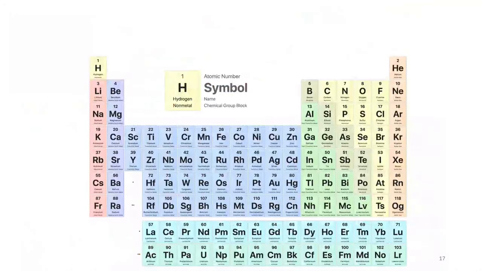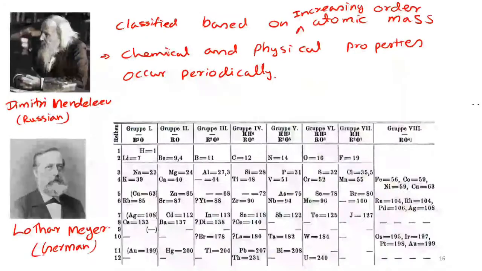We use something that is called the modern periodic table. In the modern periodic table, we classify things in the increasing order of atomic number. So in the old version, or the first version, of this periodic table, they used the increasing order of atomic mass.